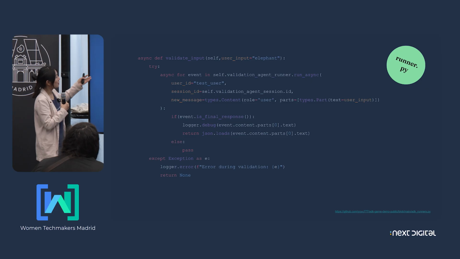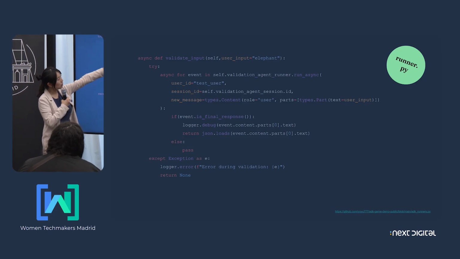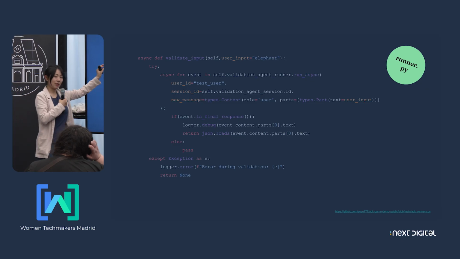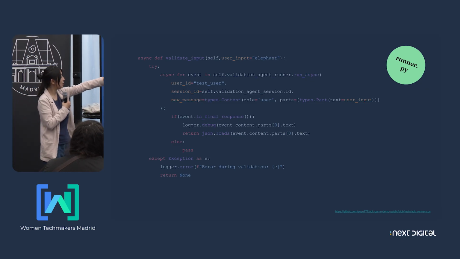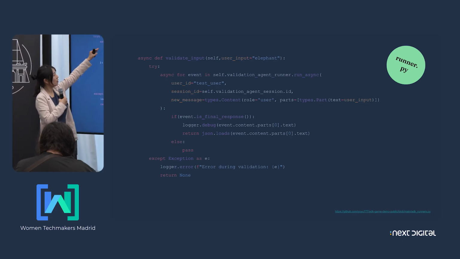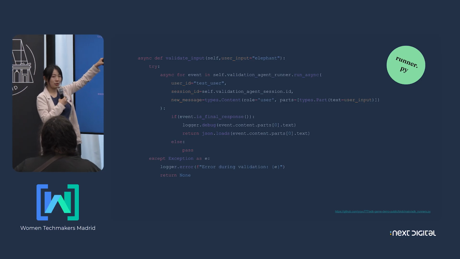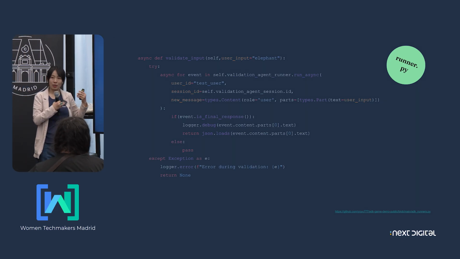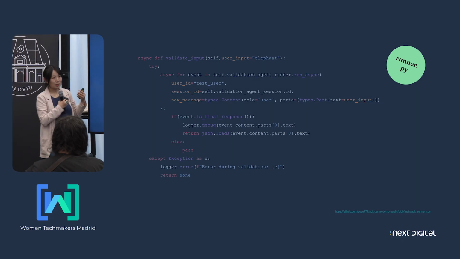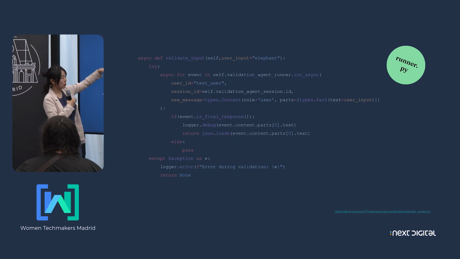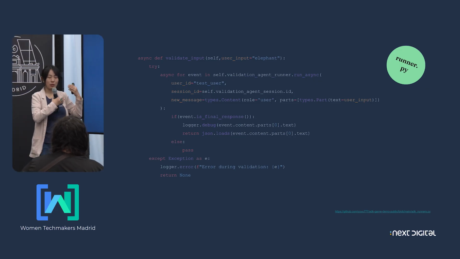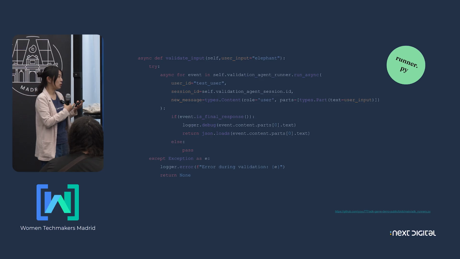So what it says is we will run the runner that we defined in the previous step asynchronously, because the response events will be produced asynchronously. So basically, we'll wait for each event to be produced and then catch the response.